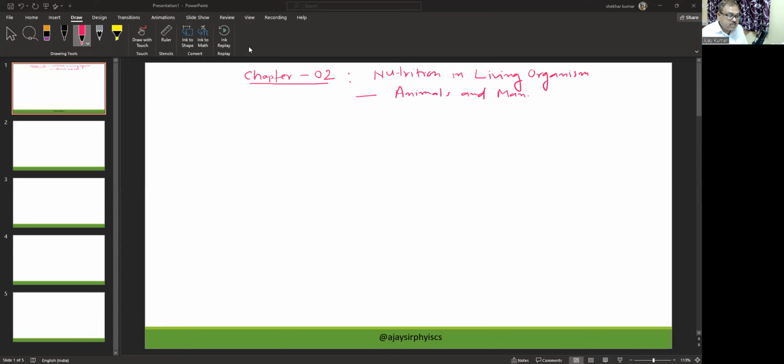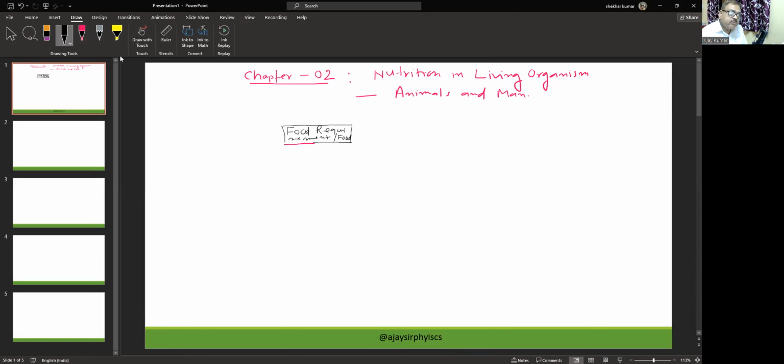What are the three different steps? You think of here. First, suppose here we have taken one box. We have written here food requirement, or food habit.